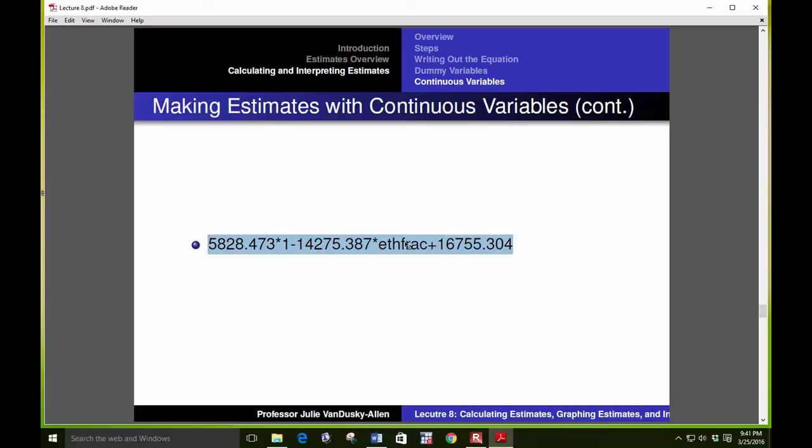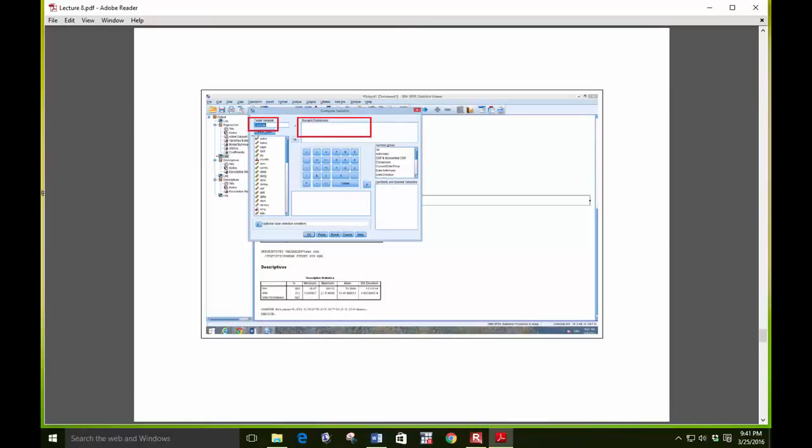In addition, this equation must have the exact variable names SPSS uses. You can click the variables over into this box here.